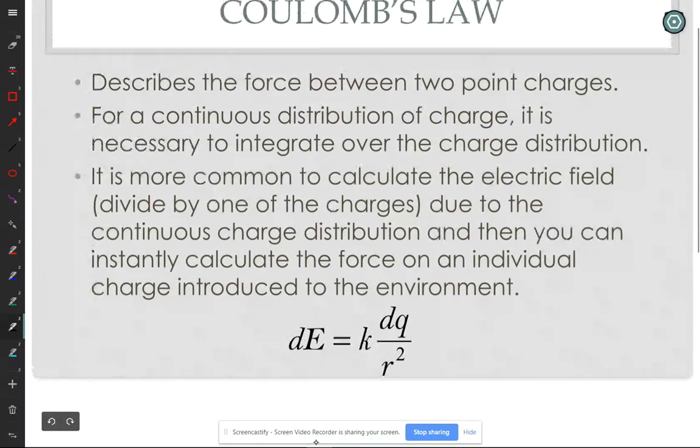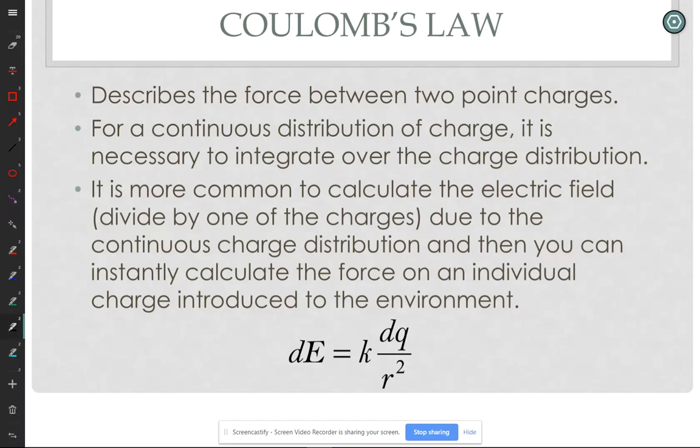So here's Coulomb's law in the differential form. The electric field created by a point charge is KQ over R squared. So if I have a charge, now the field due to some tiny dq, we'll call the electric field due to dq dE. So dE is equal to K dq over R squared.